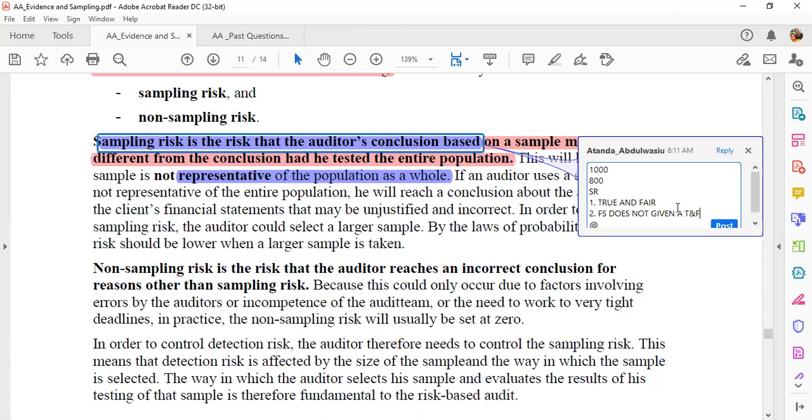The auditor can say the financial statement shows a true and fair view, mind you, it does not. And the auditor can say the financial statement does not give a true and fair view, when it actually does. Don't forget that.